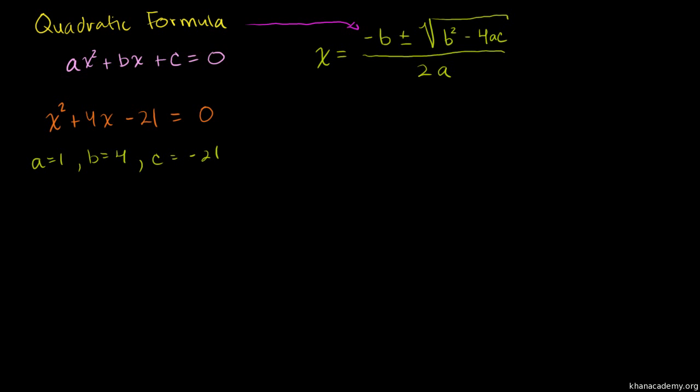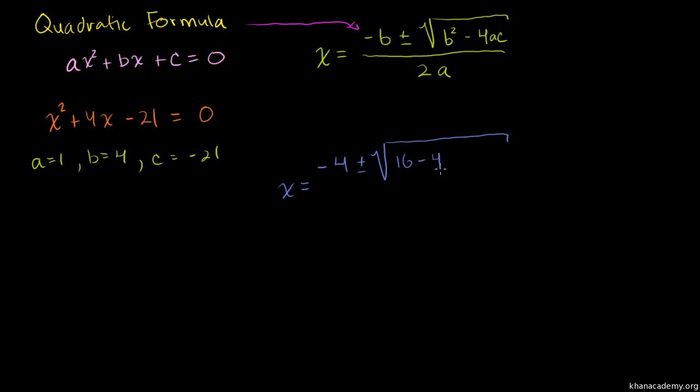So what do we get? This tells us that x is going to be equal to negative b. Negative b is negative 4. I put a negative sign in front of that. Negative b plus or minus the square root of b squared. b squared is 16. Right? 4 squared is 16.